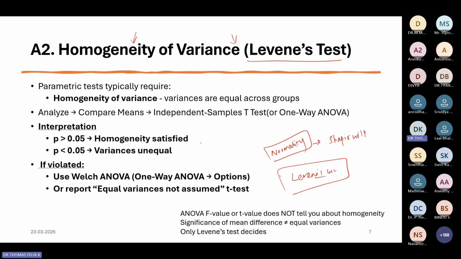Here you need to note that if you have only one sample, for example in the case of MPG, I have only one MPG variable and I don't have any groups.